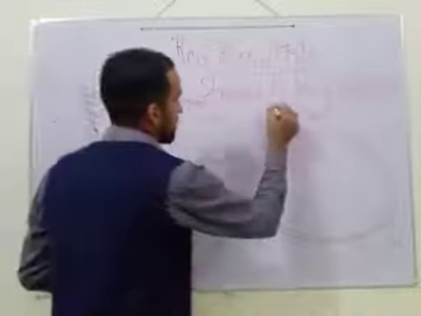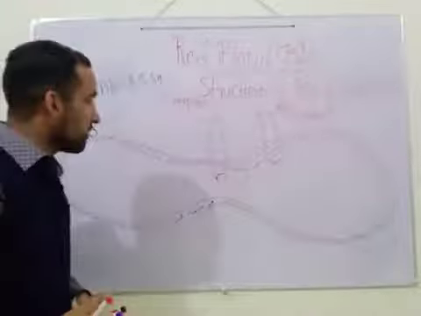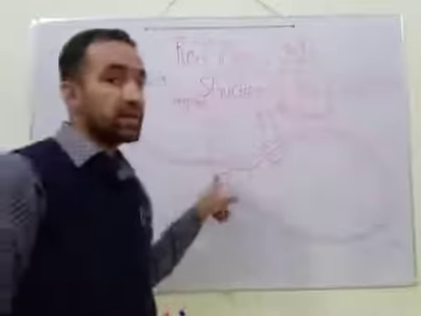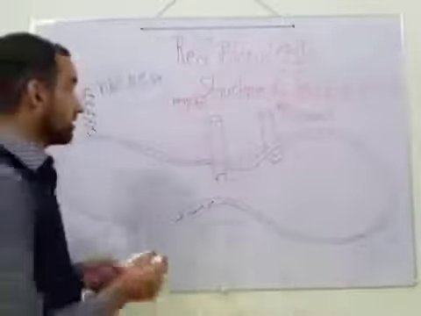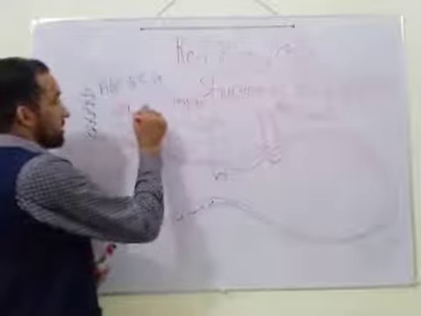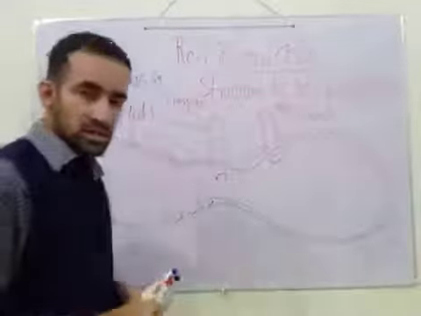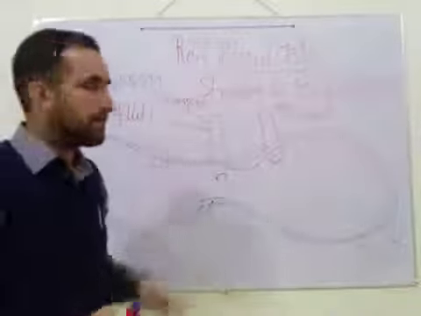For example, red blood cell has a transporter for glucose which is called GLUT1. GLUT1 means glucose transporter number 1, which is present on the cell membrane of the red blood cell.